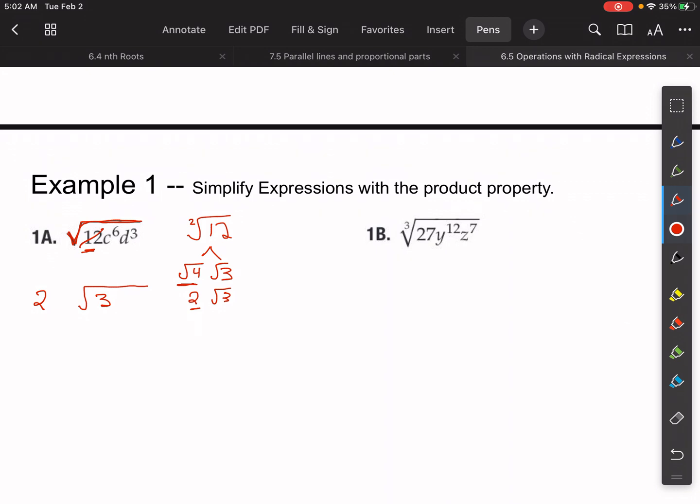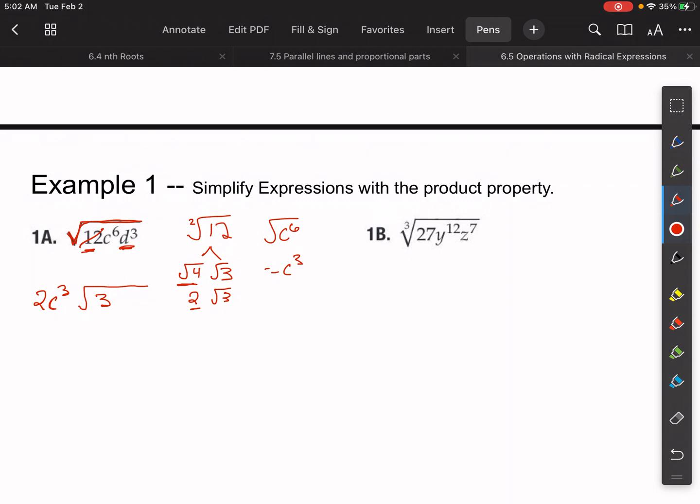Now for the c, if I take the square root of c to the 6th, we're taking 6 and dividing it by 2, this is equal to c to the 3rd. So I can bring that c to the 3rd out. Since we went from an even to an odd there, that's going to end up being an absolute value. But let's check our other thing before we do that.